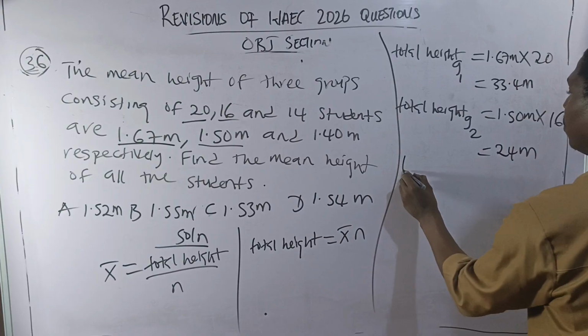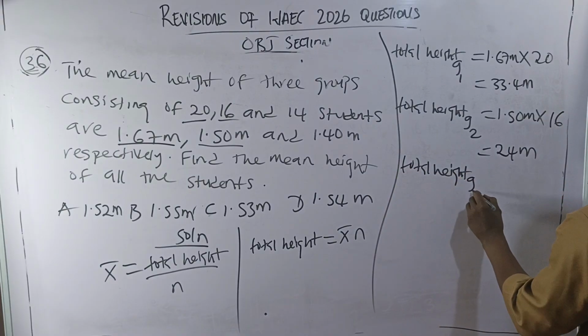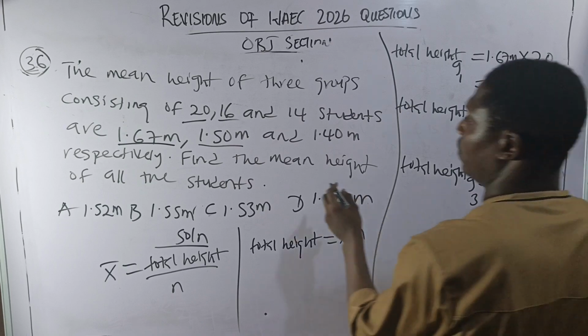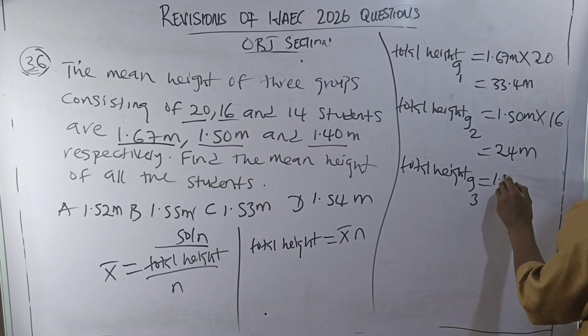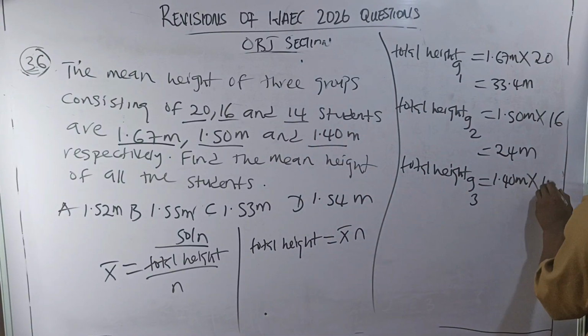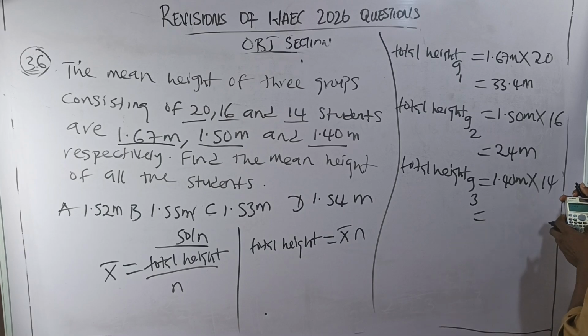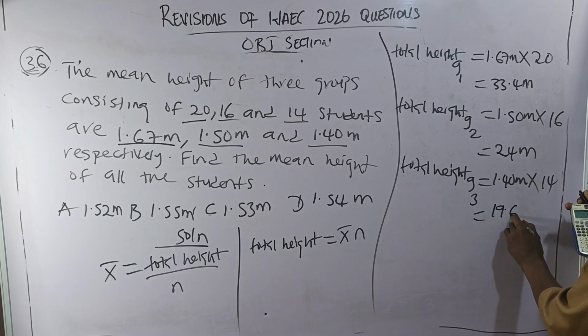Now for the third, total height for group 3 will be equal to the mean of group 3, 1.40 meter times the number of students there, 14. So I'll have 1.4 times 14, giving me 19.6 meter.